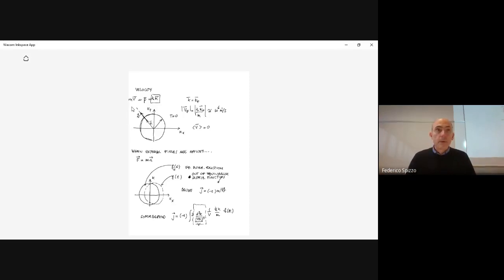So at this point, the problem is, how is it possible to evaluate f? Because if we know f, we may evaluate the integral, calculate the density current, and we may expect, as in the case of Drude, to obtain the connection between the density current and the electric field, so to obtain the conductivity.